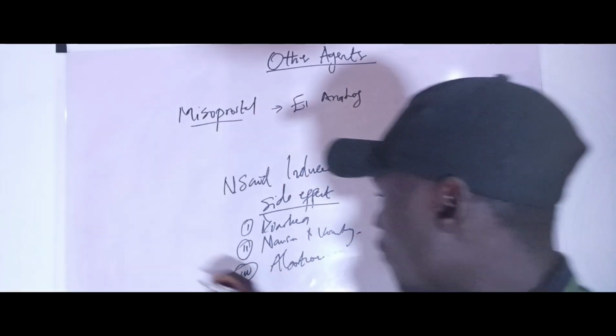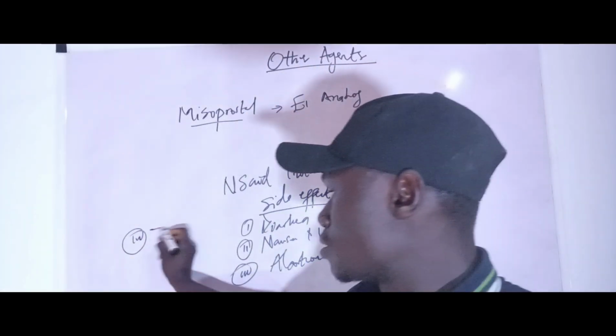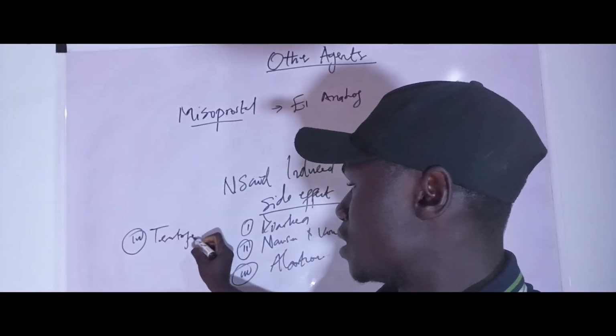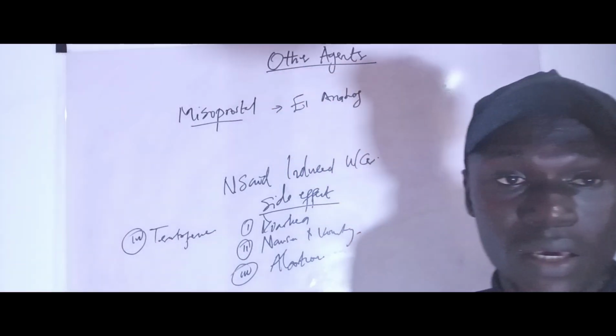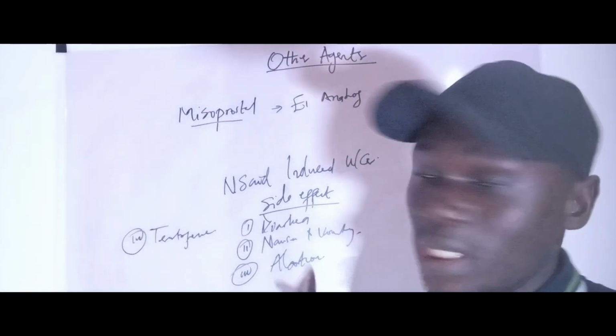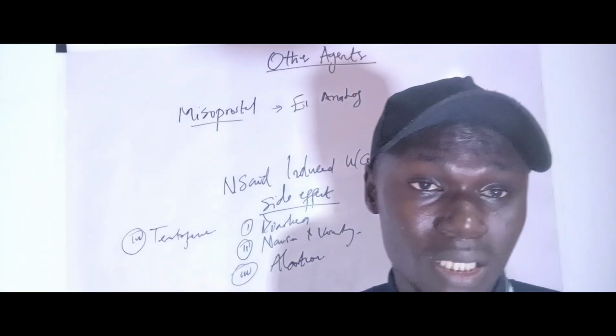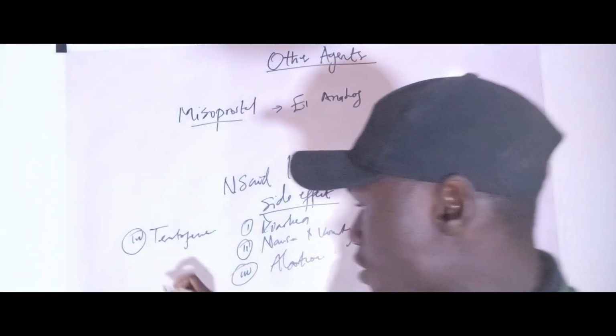Number 4 is that it is teratogenic. When we say teratogenic, if a pregnant woman takes this drug and it doesn't cause abortion, it can make the fetus deformed. It can lead to what we call facial nerve palsy.